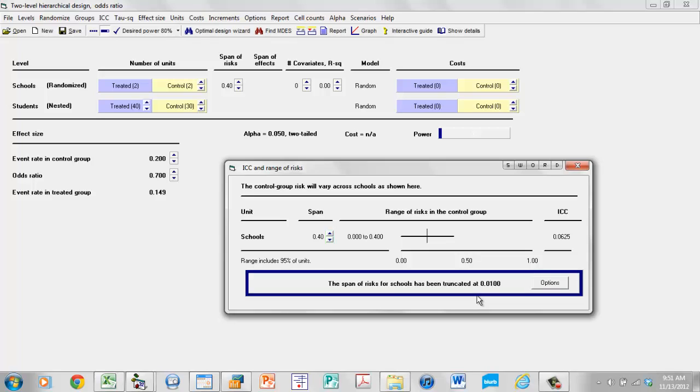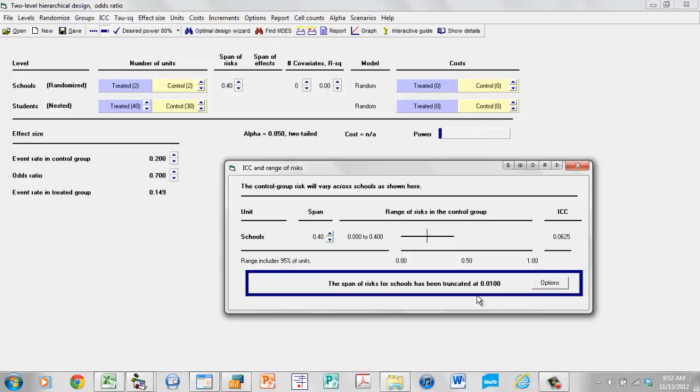The point that I tried to make in the materials is that this actually has a very important impact on power in two ways. The first way is that if we allow risks of 0.0001, that is a much broader range than allowing them to go down to 0.001 or 0.01. While these differences appear to be very small in the raw metric of proportions, the difference between 0.01 and 0.001 is obviously trivial.